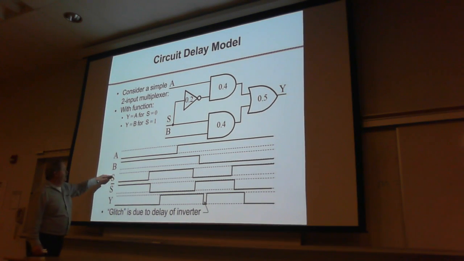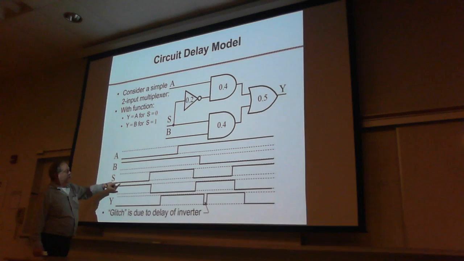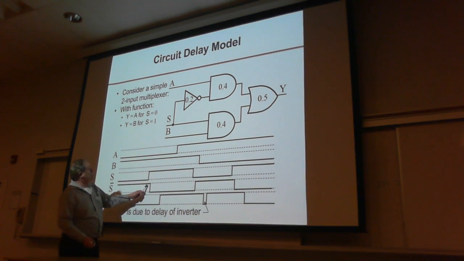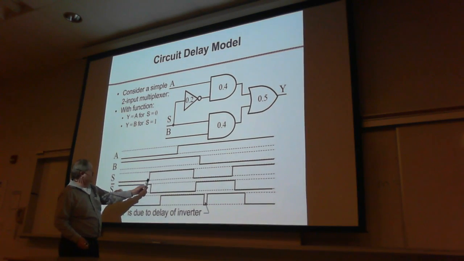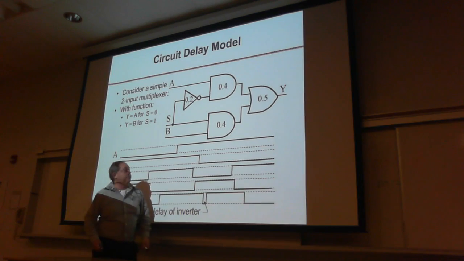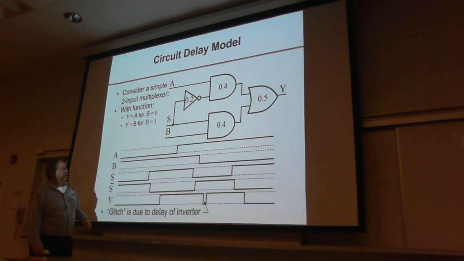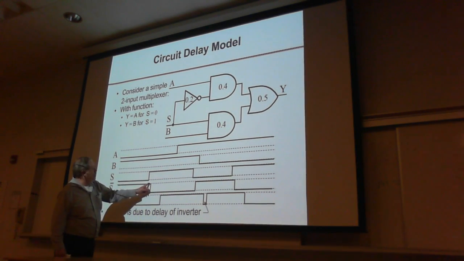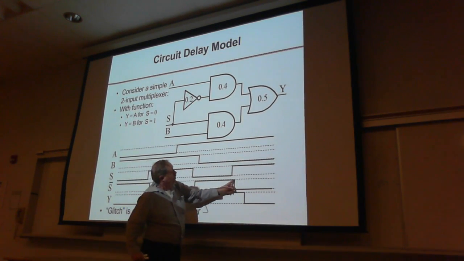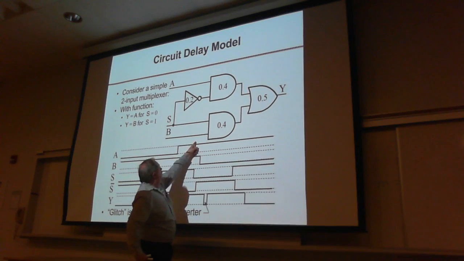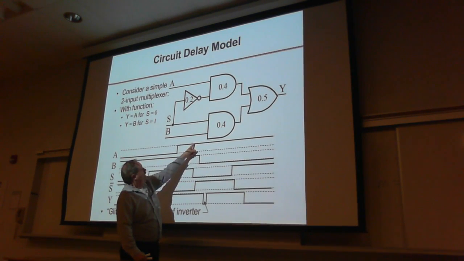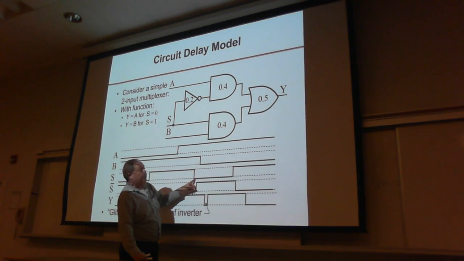So I care about S, I care about S naught. Notice that there's always a delay between S and S naught, representing that 2 units of time inverter sitting there. And it's during that period of time, it doesn't show it there, but it would show it here, right? So it shows it here between that unit of time when A was set and B was set, that I would have them both set.